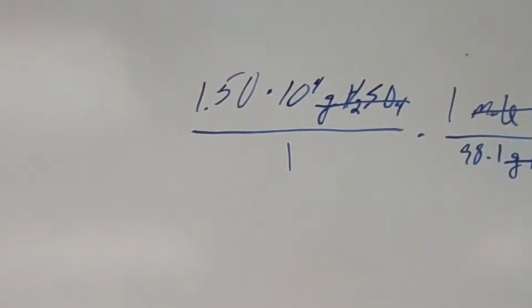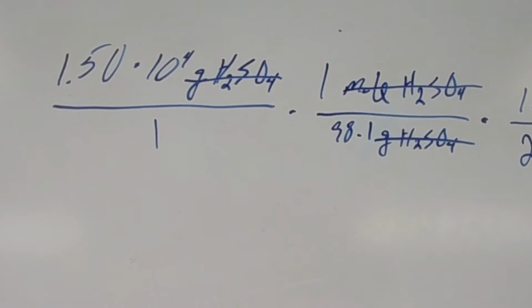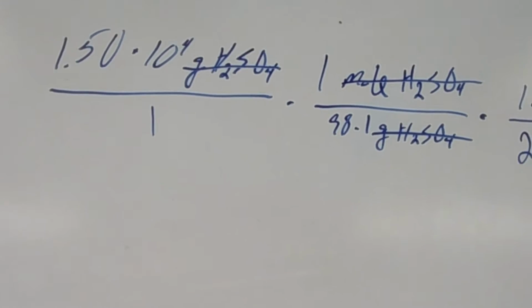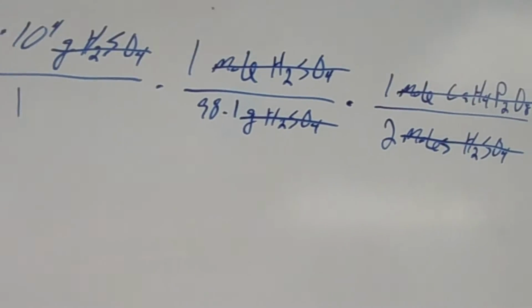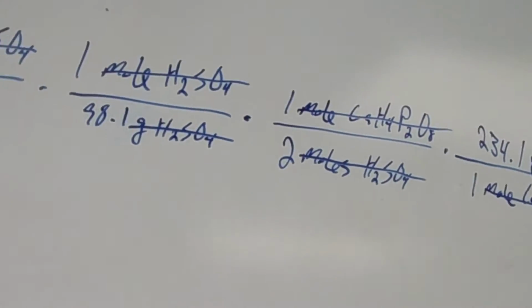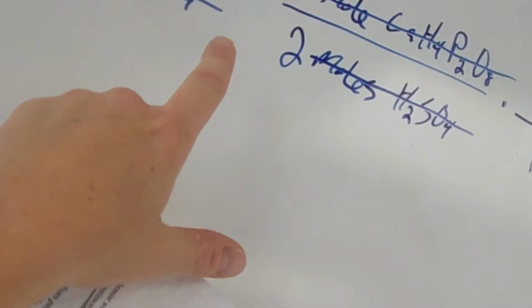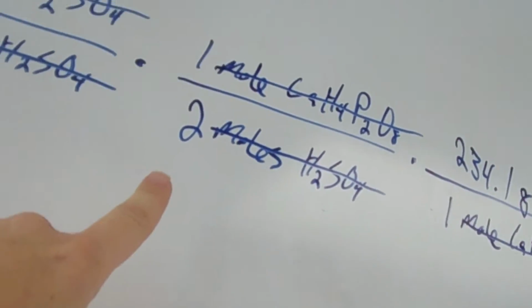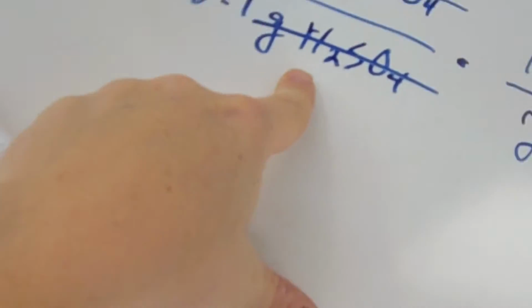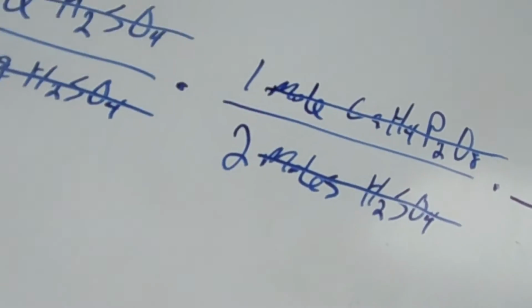So you take the molar mass of sulfuric acid and you convert from grams to moles. Then you use the ratio in the balanced chemical equation. There's 1 mole of the calcium compound for every 2 moles of the sulfuric acid. If you keep your chemical in there, you always keep your unit and your chemical, then you end up canceling moles of sulfuric acid, getting moles of the calcium compound.